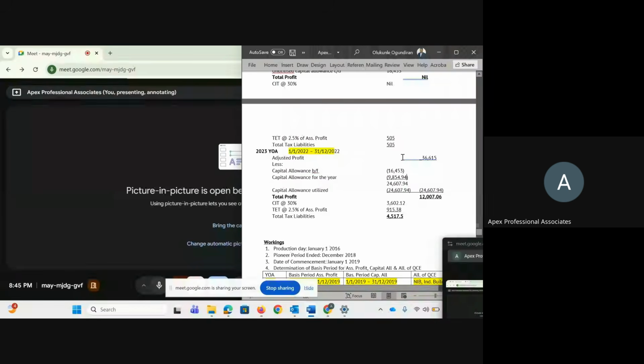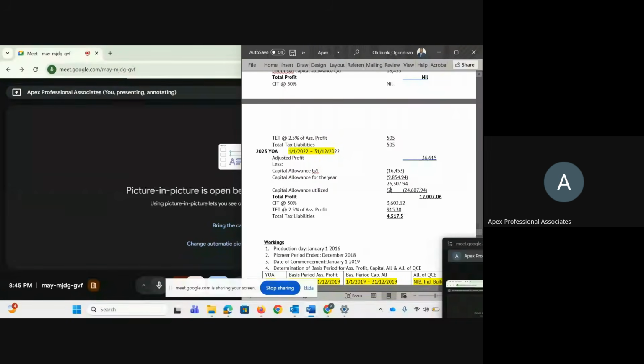So what you have here is wrong. So give me the correct figure now. 26307.94. So what you have here is also wrong.